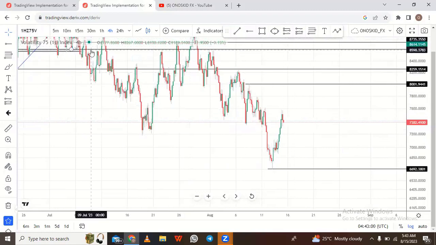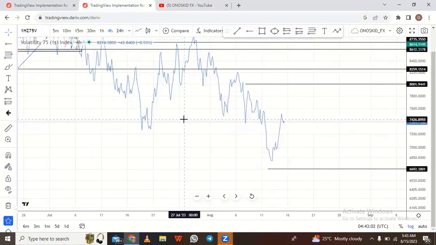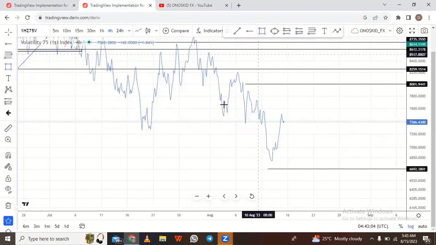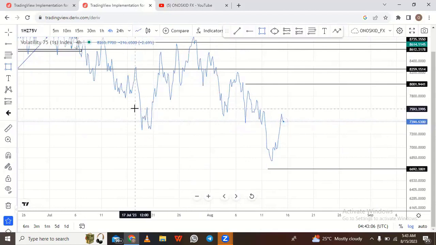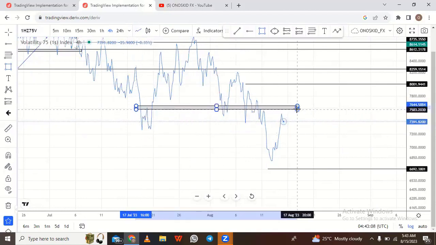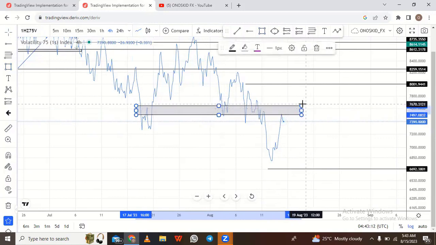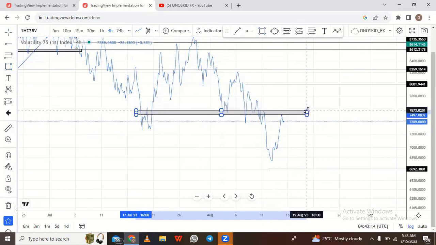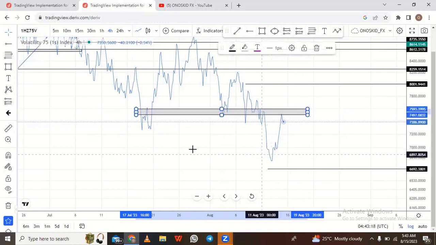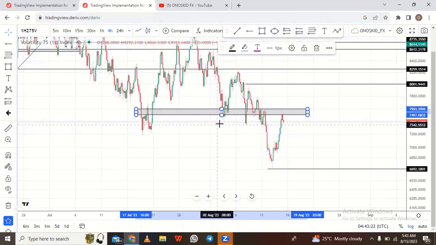Okay, another thing you can note is when you change these charts to line chart, you can actually see that this is a good level, or zone, or demand level, or a level of support and resistance, depending on how you look at it. So this is a good level that the market is currently reacting from.